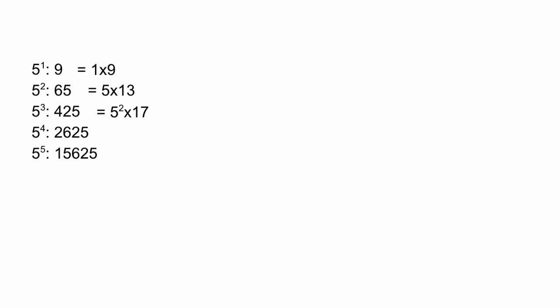It's 17 times 25. F of 5 to the 4 is 2,625, which is 125 times 21. And finally, f of 5 to the 5 is 15,625, which is 625 times 25. 5 to the 4 times 25, right?